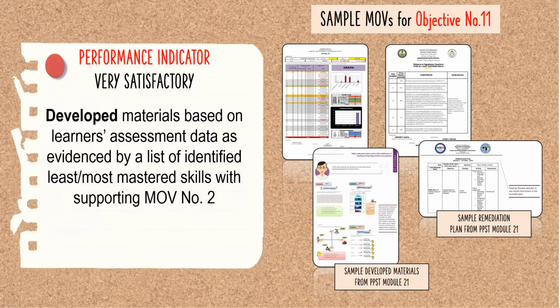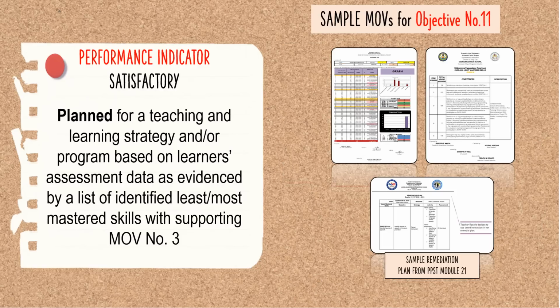So, these are the examples. If the sample MOVs naman na mailalagay ni teacher sa kanilang portfolio ay FOE, LMS or MMS and remediation plan, ang kanyang magiging rating ay satisfactory. Dahil ang performance indicator for quality ng satisfactory ay planned for a teaching and learning strategy and or program based on learners' assessment data as evidenced by a list of identified least or most mastered skills with supporting MOV number 3.